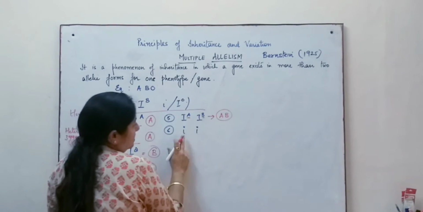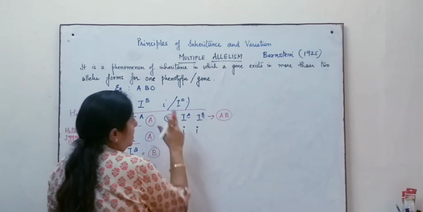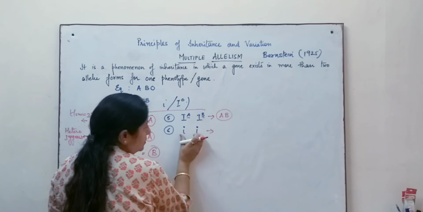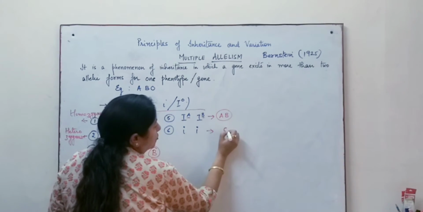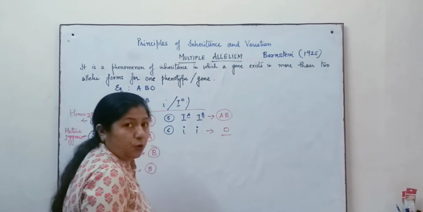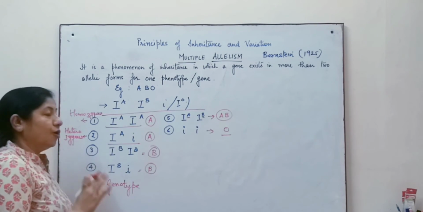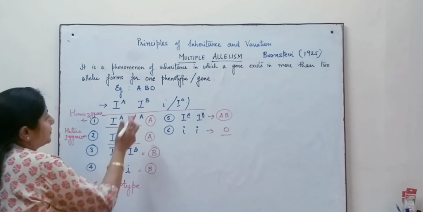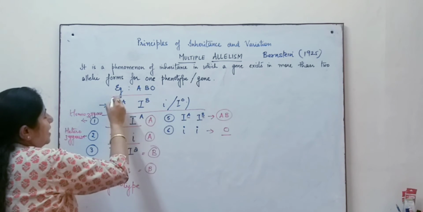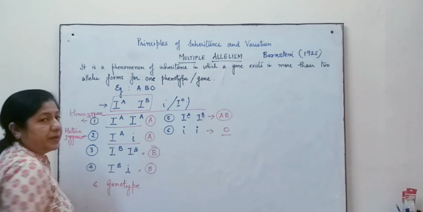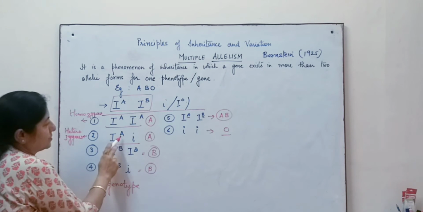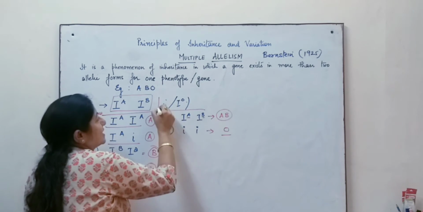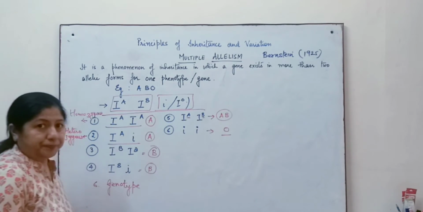In the sixth case, small i or IO, both are together in a homozygous situation, so the blood group of the individual will be O. Out of these 6 genotypes, IA and IB are the dominant ones, whereas IO or small i is the recessive one.